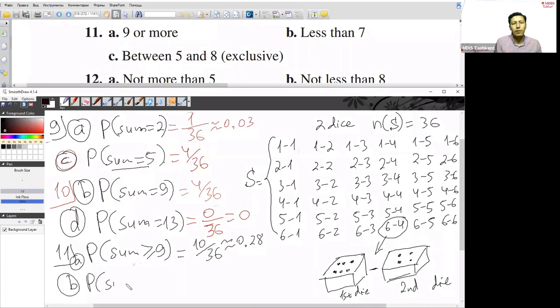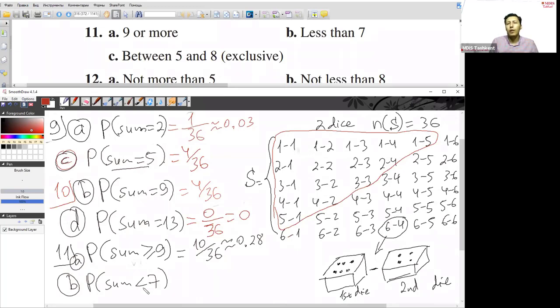B. Probability of sum less than 7. Less, not less or equal. That means you don't include 7. There is no equal sign, so it is strictly less than 7. So you take these ones as well. You cannot take 6, 1 because the sum is 7.